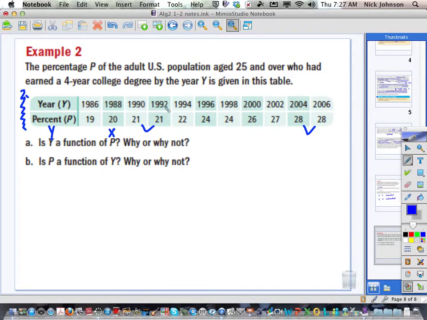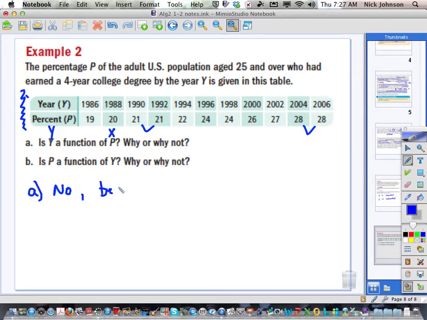This 21 maps to 1992. 28 says it maps to 2004, and it also maps to 2006. So, is y a function of P? You are going to say no. Why?